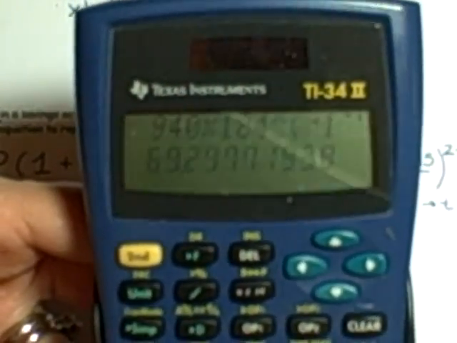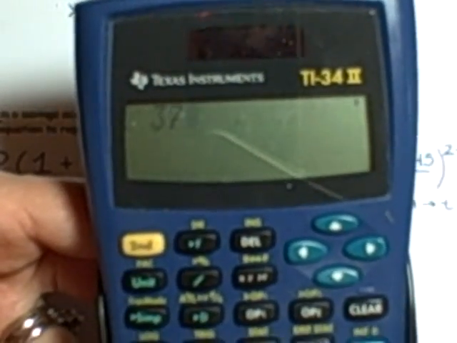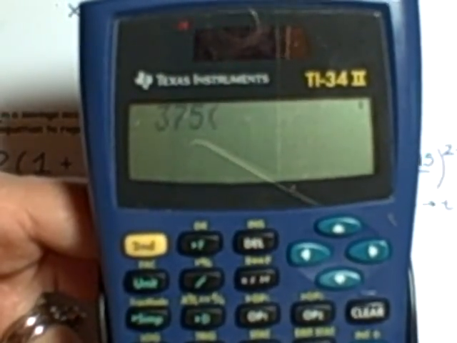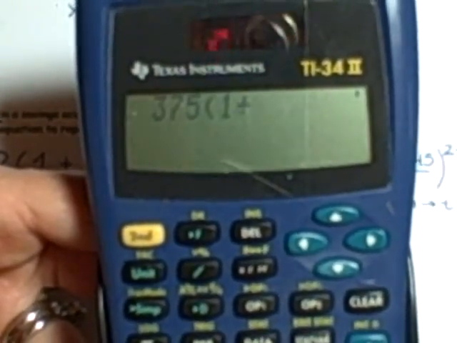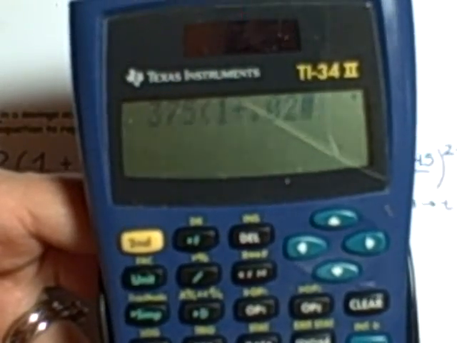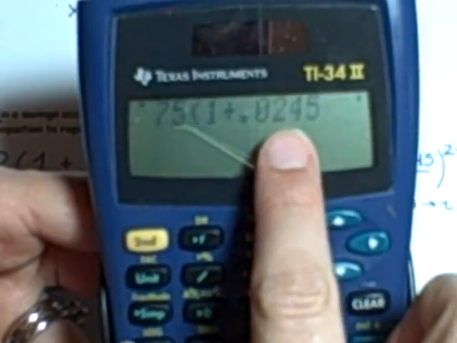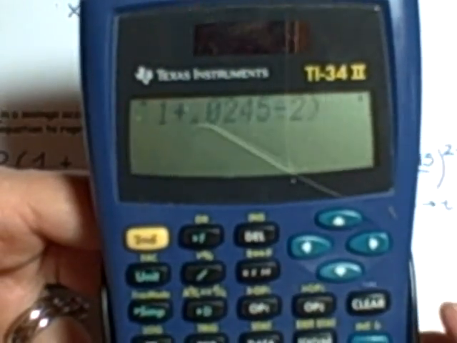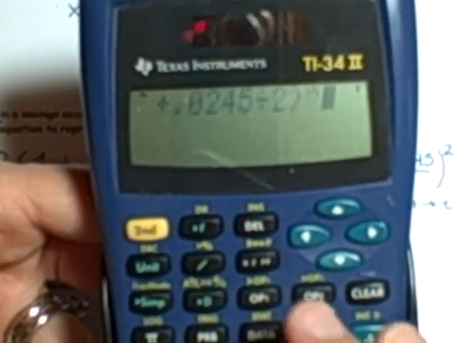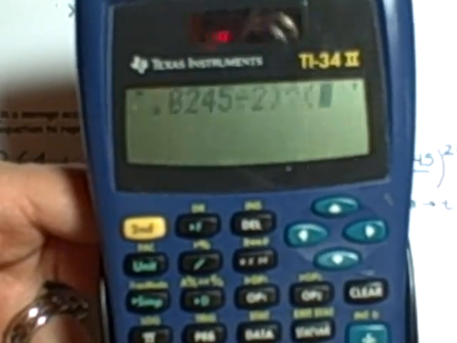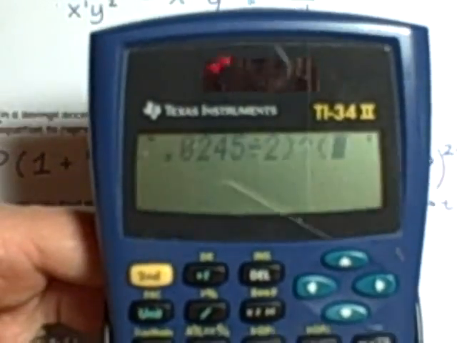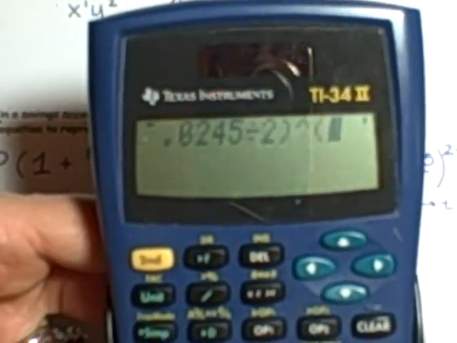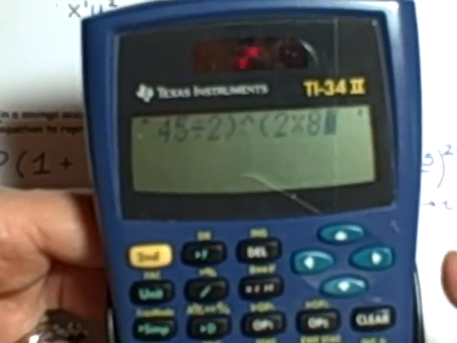So I would do 375 parentheses 1 plus 0.0245, so no extra parentheses there, divided by 2, close parentheses, and then to the power of, you do have to put the exponent in parentheses because you're putting 2 numbers up there, and it would be 2 times 8.